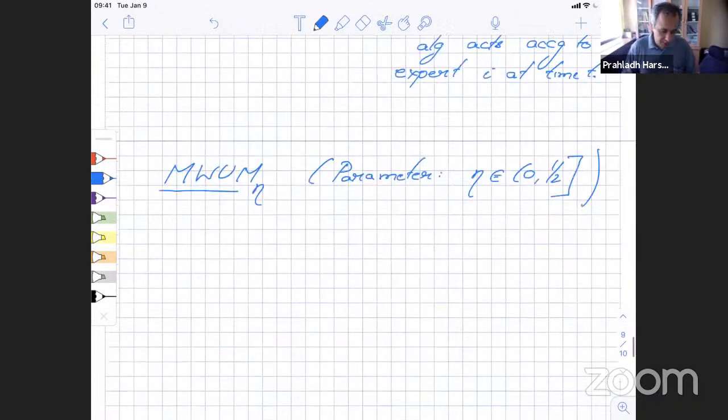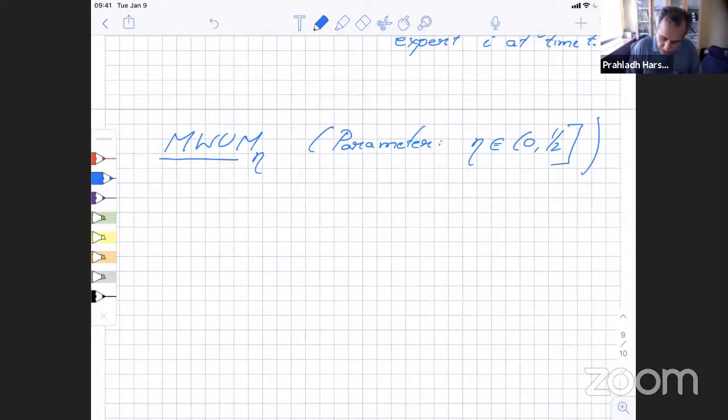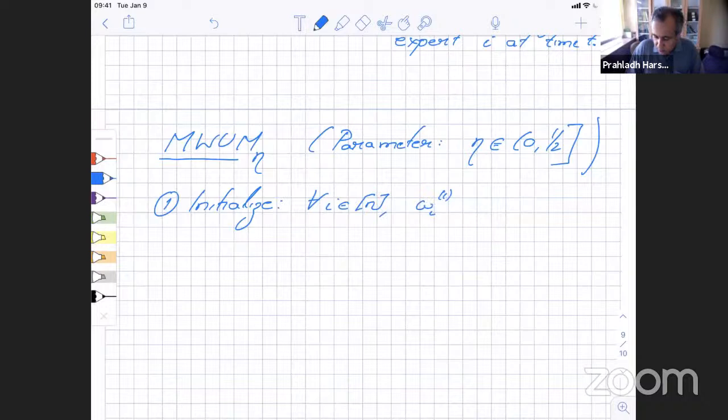Okay, so what is the algorithm? It should be by now quite clear what I'm going to do. Initialize this as before: for all i in n, w_i^1 is going to be set to 1. That's the initial setting.